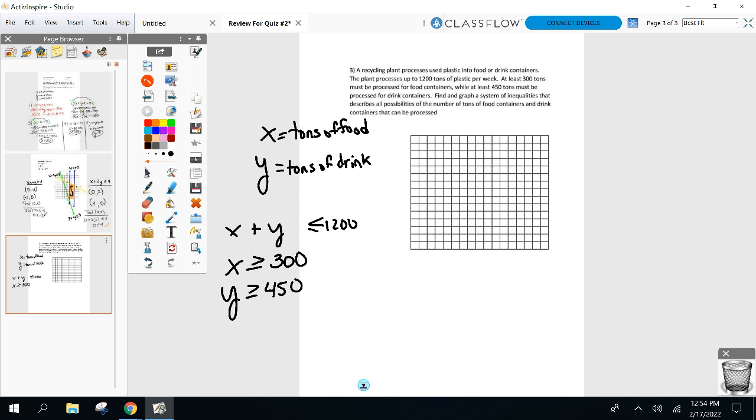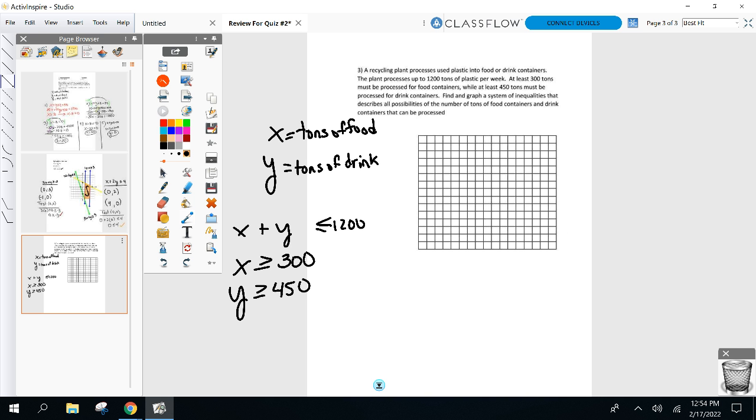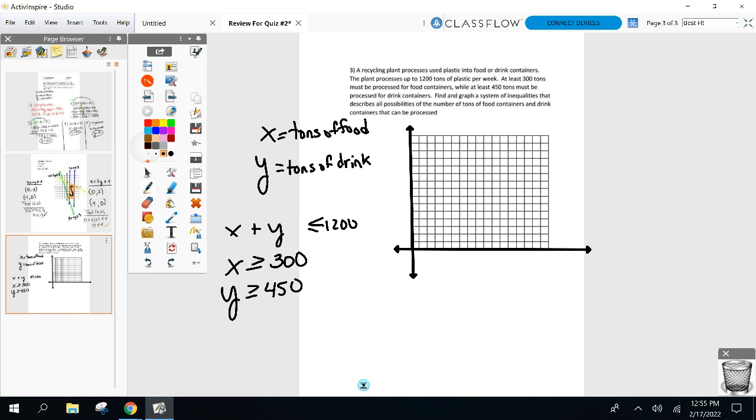Find your intercepts, right? Before you start putting labels and numbers on your X and Y axes, figure out how high you have to go on each. So I definitely need 300 on the X, 450 on the Y, but what about my intercepts here?